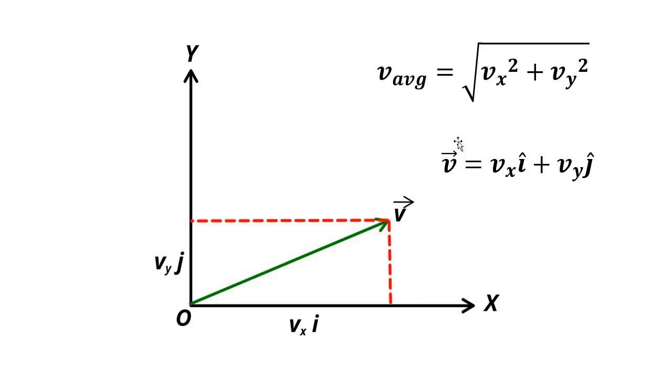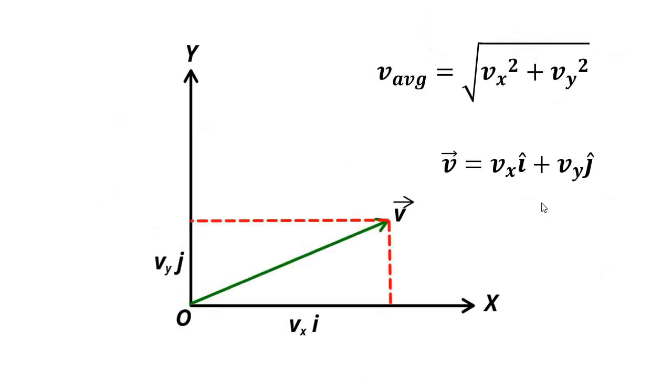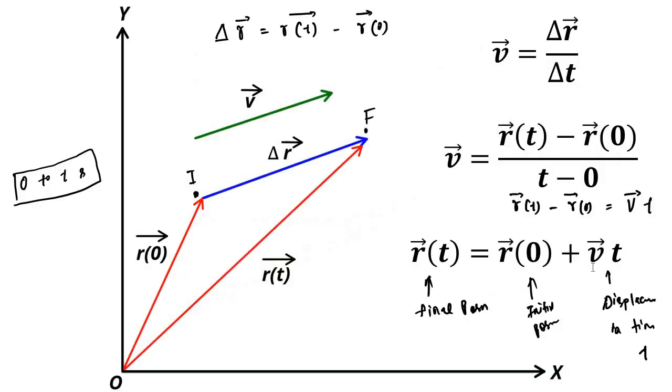So we have the vector representation of the initial point, the vector representation of the final point, and the vector representation of the velocity vector. And we have this relationship, rt vector is equal to r0 vector plus v vector into t.